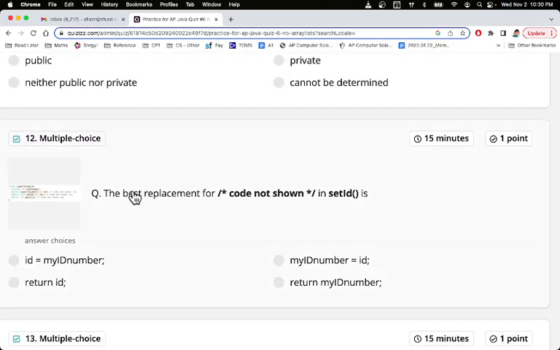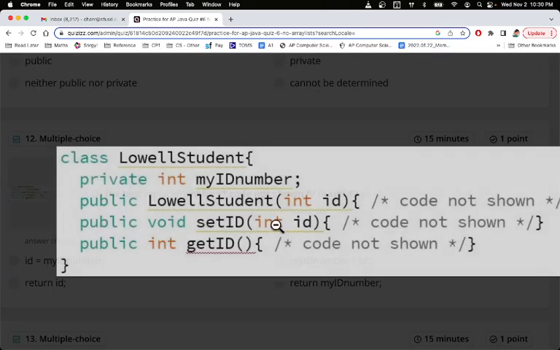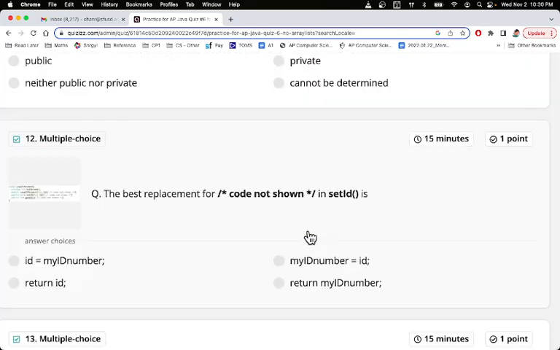For number 12, what the best replacement for code not shown for setID should be? Again, if you look at the return type, the return type is void, meaning there is no return statement. SetID takes in a value ID. For the setter, you don't return anything, so it can't be these two answers.